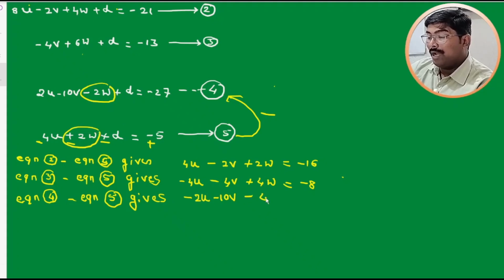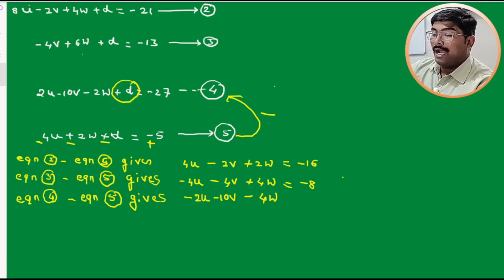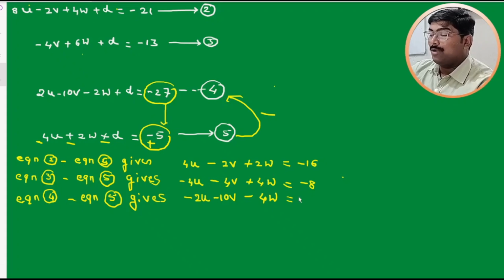Minus 2w and minus 2w is minus 4w, and from 4 we have plus d, and from 5 we have minus d. Plus d and minus d get cancelled, that is equal to, in right hand side we have minus 27, and here we have after subtracting plus 5. So minus 27 and plus 5 is equal to minus 22.